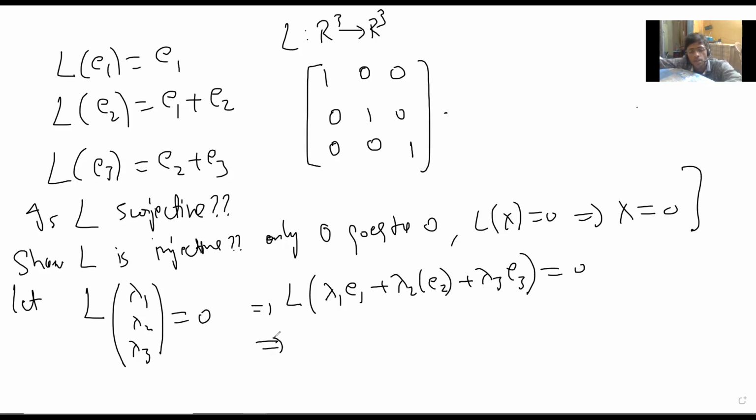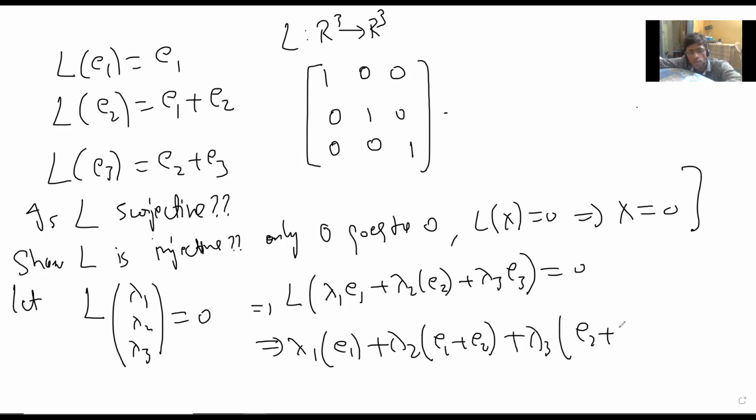And this means basically that lambda 1 times LE1, which is just E1, plus lambda 2 times E1 plus E2, and lambda 3 times E2 plus E3 is 0. Does everybody understand it till here?